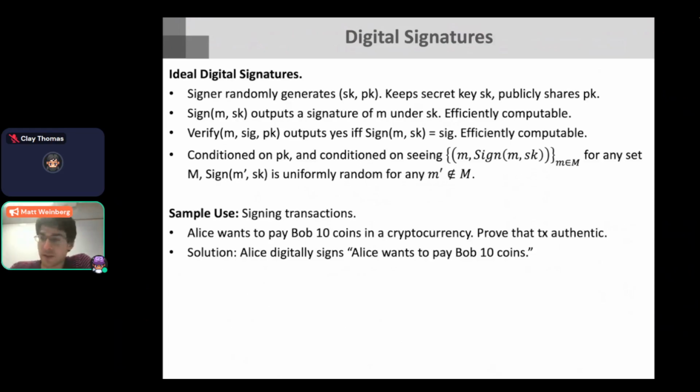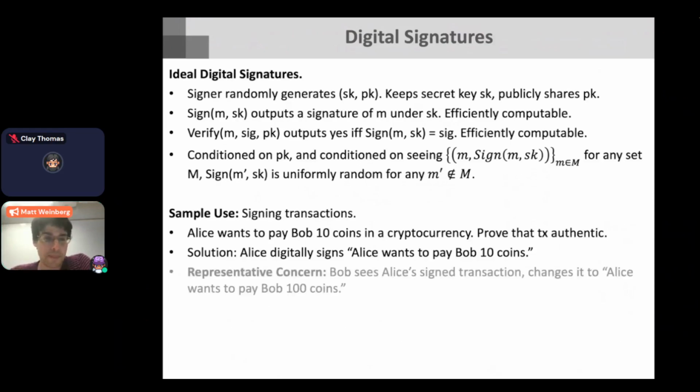The solution you should try is that Alice digitally signs the statement, Alice wants to pay Bob 10 coins. A representative concern is that Bob sees Alice's signed transaction and says, cool, Alice wanted to pay me 10 coins, but I'm going to change it and claim that she wants to pay me 100 coins. And I'm going to try and make it seem like Alice signed this statement, because all I did was add a 0.